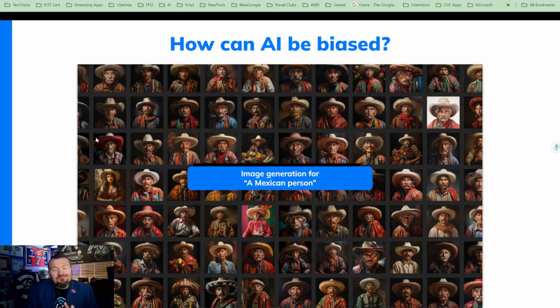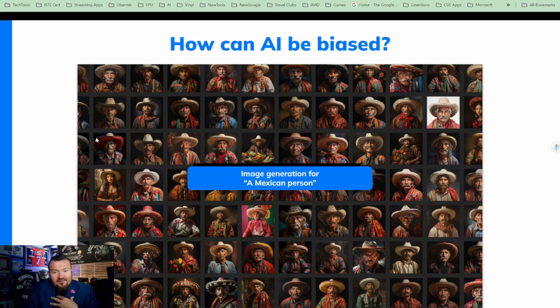There's so much bias here that it's so evident. A couple of them, again, the way that they are dressed, the way that they are portrayed, the way that they are all men when we asked for a Mexican person, right? This doesn't reflect the true nature of a Mexican person.